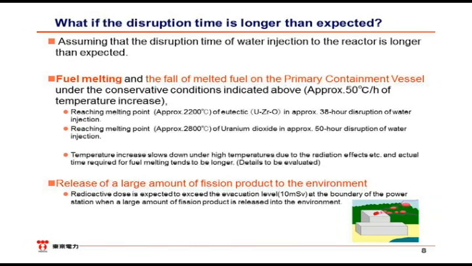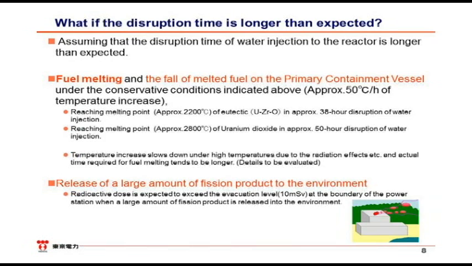Fission products that are released into the environment are assumed to increase, considering that the evaporation amount of metallic cesium will increase under high temperatures. If water injection is stopped for a long time, the radiation dose can reach 10 millisieverts, the figure necessitating the need for evacuation at the site boundary.